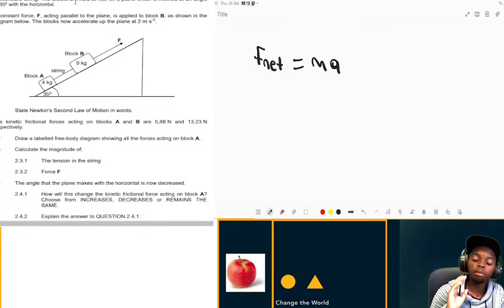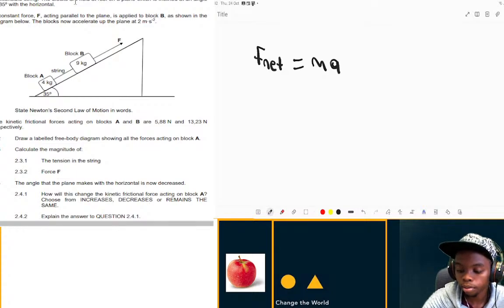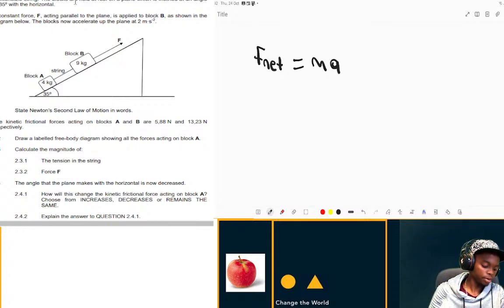Now, before we even start calculating, before we even start substituting, we can also get marks for formulas, by remembering the correct formula for the correct topic and writing it down. For example, 2.3.1, they ask to calculate the tension in the string. If I write F net is equal to ma, that's only a formula, and this formula is also on the formula sheet. So you're just taking what's on the formula sheet and putting it there.